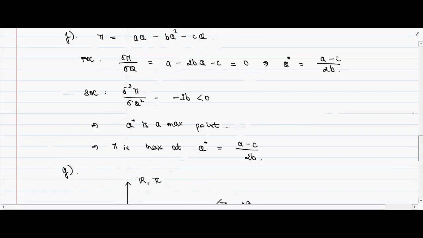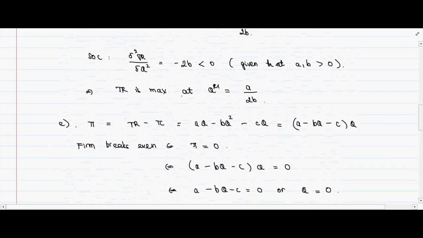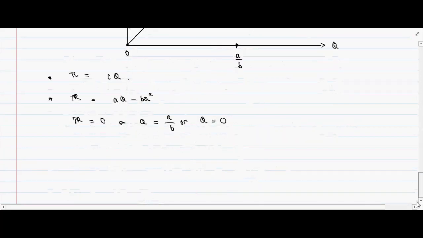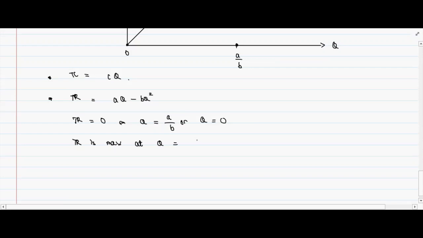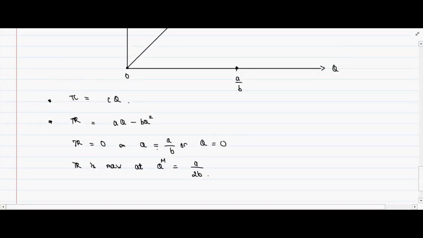And another point we found earlier is when the total revenue is maximum. Okay, so total revenue is maximized at the quantity QM equal to A on 2B. We found that as well. So total revenue is maximum at Q equal to A on 2B, at QM. Okay, so this is Q1.